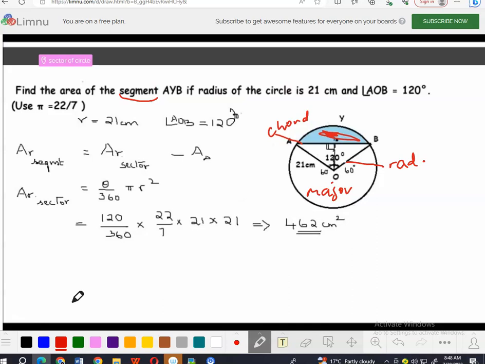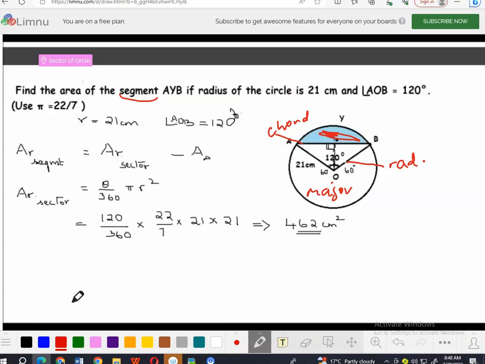Now you simply plug in the given values. We know theta divided by 360 multiplied by pi r squared gives the area of the sector. The angle we are given is 120.